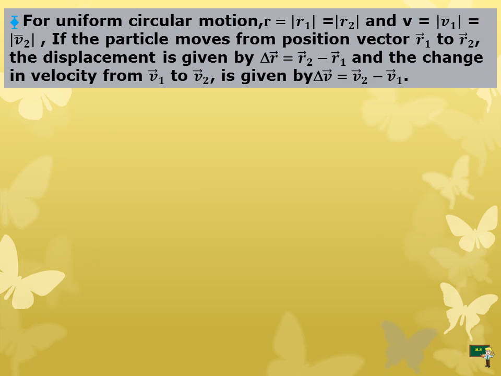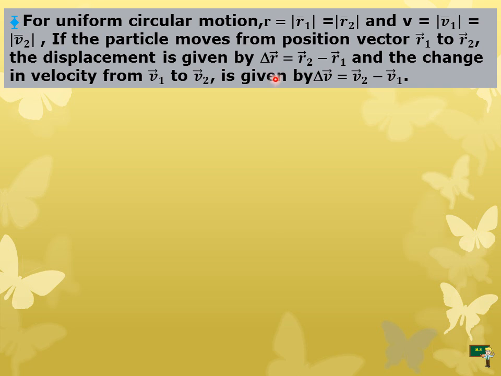While taking that, for a circular motion, r is equal to modulus r1, which is equal to modulus r2, and v is equal to modulus v1, which is equal to modulus v2. If the particle moves from position vector r1 to r2, the displacement is given by del r is equal to r2 minus r1.